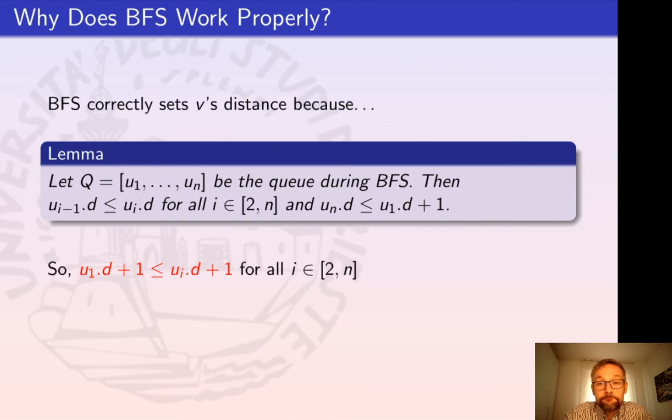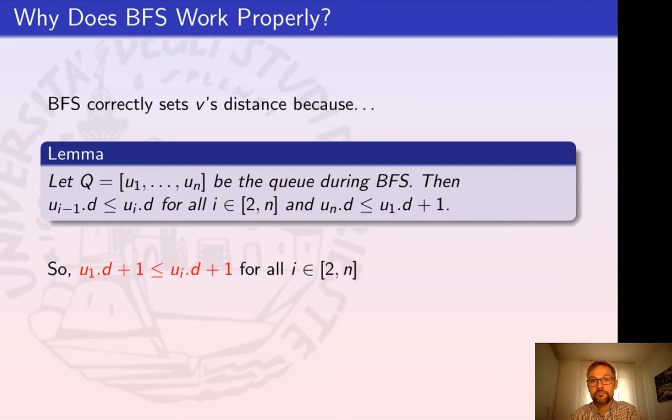So when we extract an element from the initial part of the queue and we increase its distance by 1, we are guaranteed that the new distance we assign to the just discovered node is for sure smaller or equal than the distance of all the other nodes.